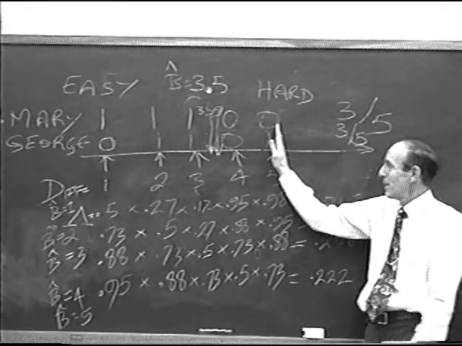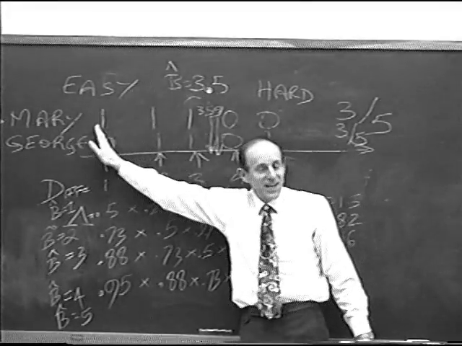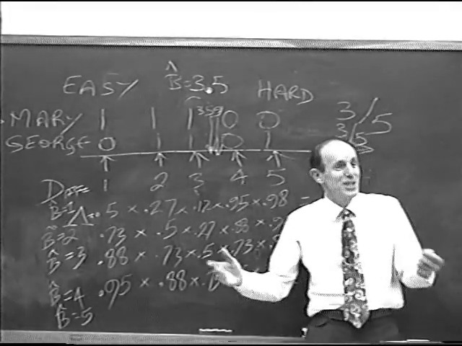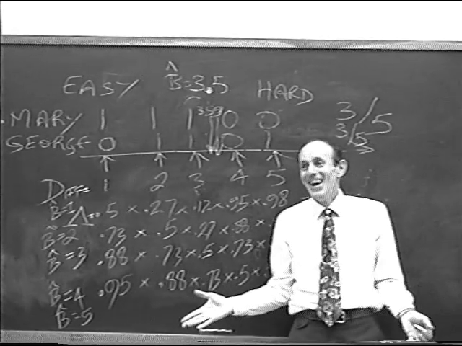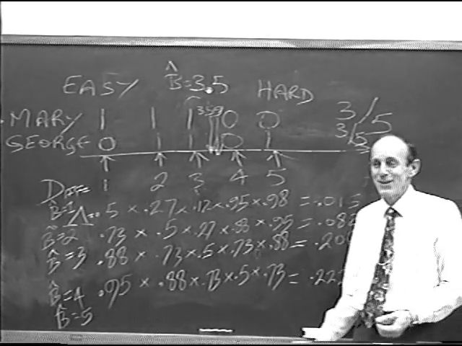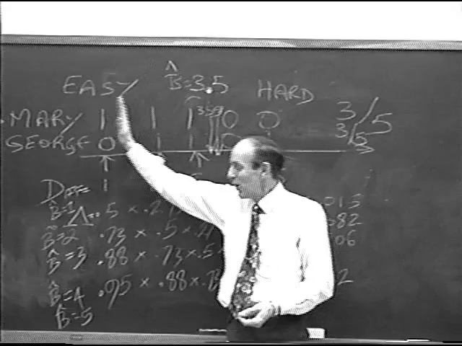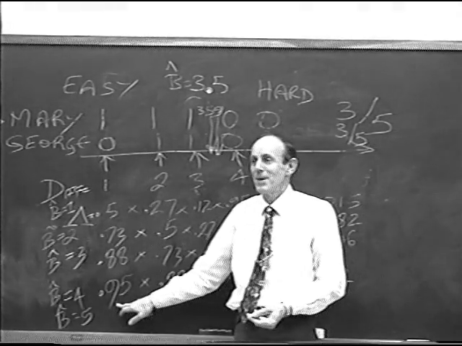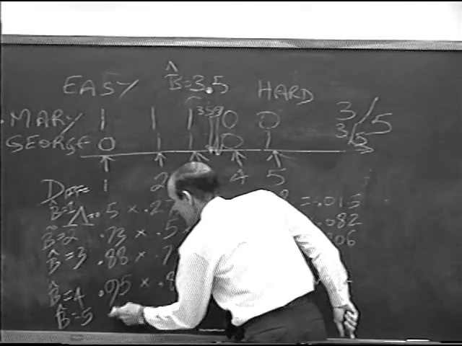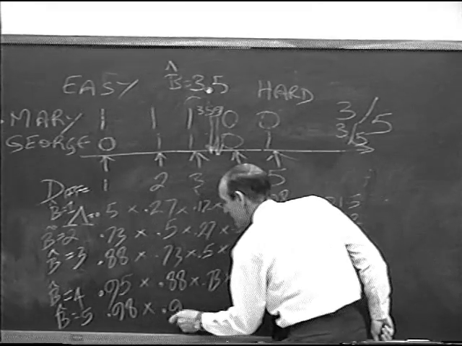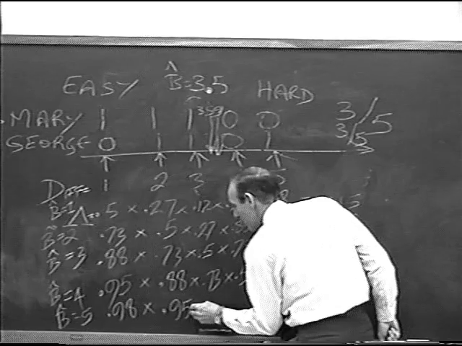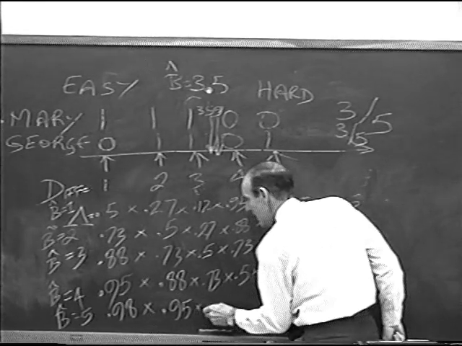Wow, she's all the way up here now, 4 logits ahead on the easiest item. Now you can see why computers are necessary. To do this by hand gets very arduous. Okay, 0.98 times 0.95 times 0.88.